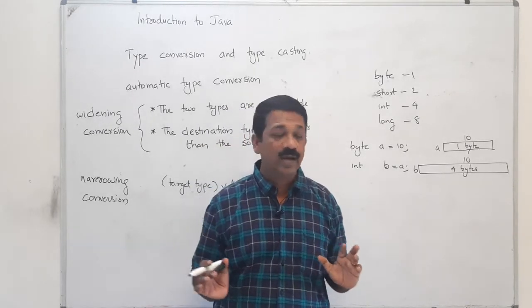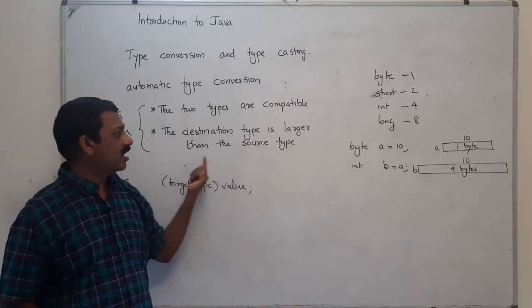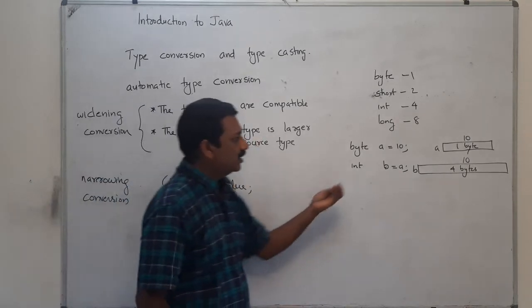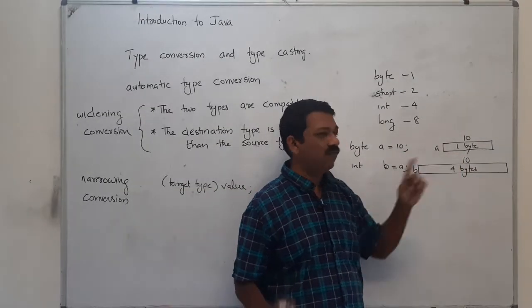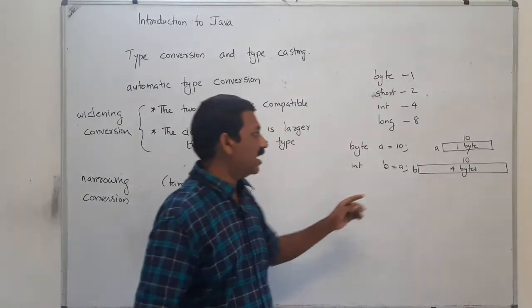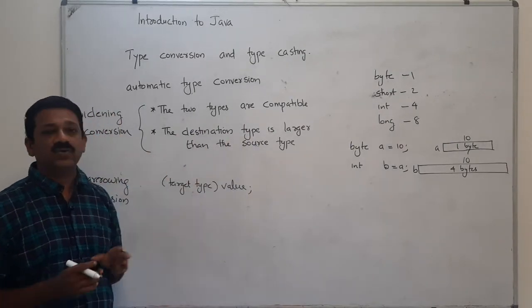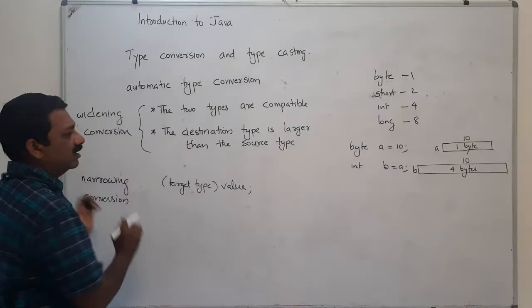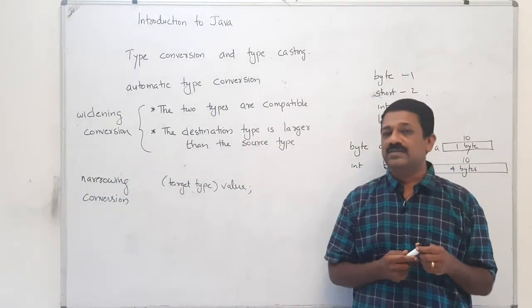The second condition is that the destination type is larger than the source type. Here the destination has 4 bytes and the source has only 1 byte. If the destination type is larger than the source type, then it's a widening conversion, and widening conversion is automatically done by Java.